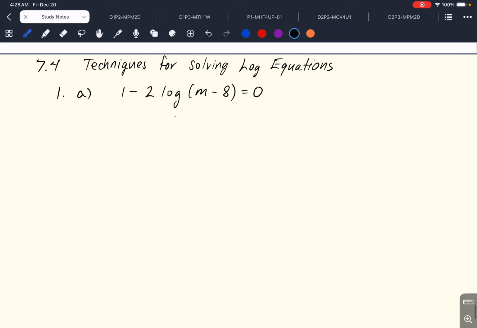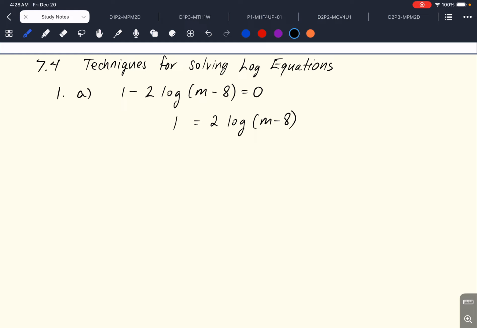So that's what we're going to do first. We're going to leave 1 on the left side of this equation, and bring the other term, 2 log of m minus 8, to the other side. Now there's a couple of ways you could go about doing this. One would be correct and the other would not be entirely correct.